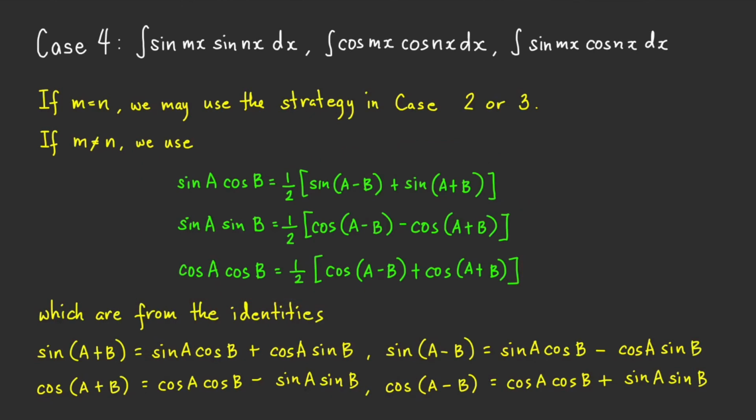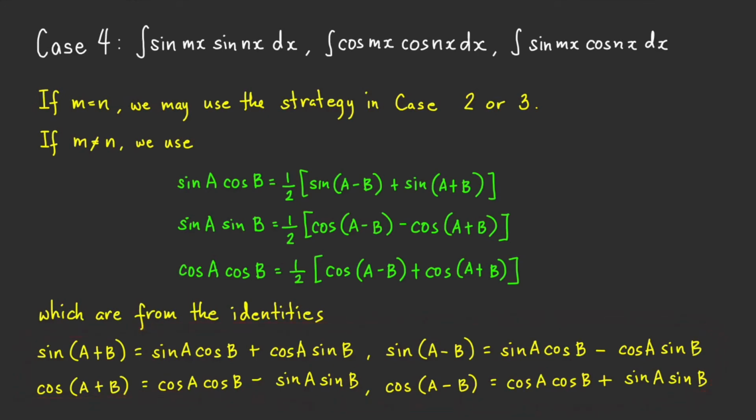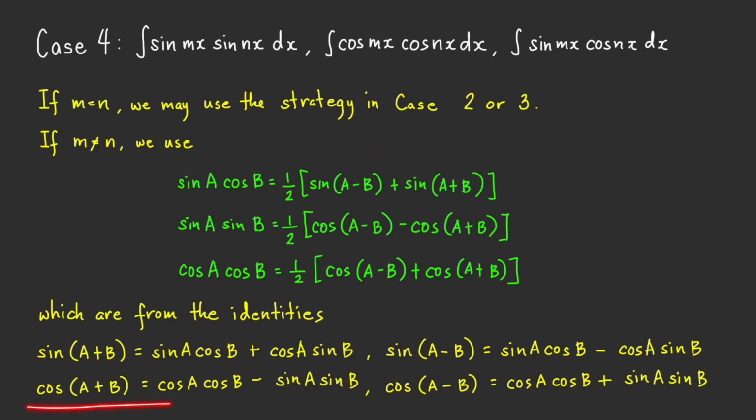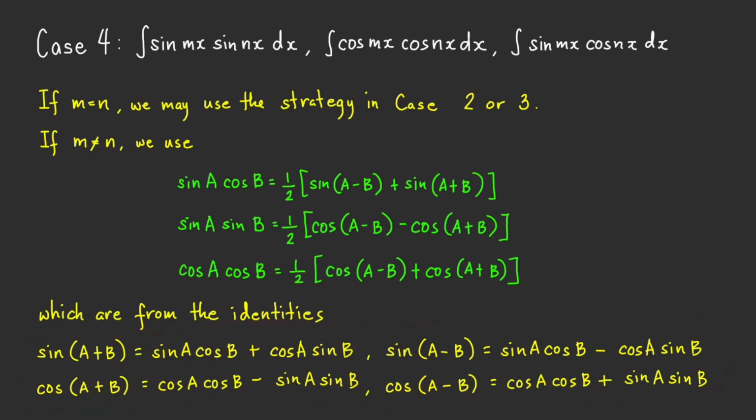So we can actually obtain these product identities, product to sum identities, from the following sum and difference identities for sine and cosine. So if you don't know these identities, just derive them from the following sum and difference identities for sine and cosine. For example, to obtain this first identity here, just add these two equations.